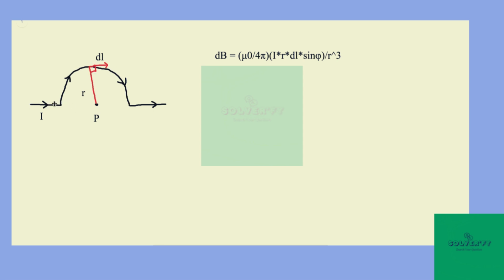So first, let's think about these straight sections of wire here. This term right over here, I times dL times r times the sine of this angle, is really a cross product between dL and r. So we want to look at these two red vectors here.